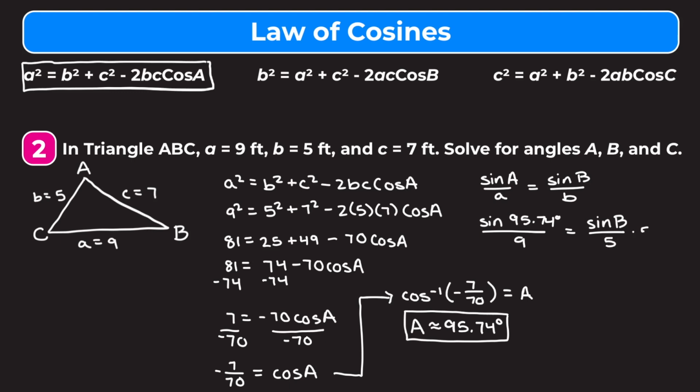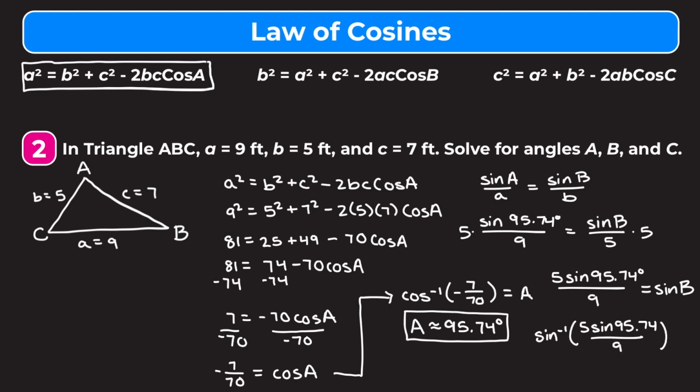We're going to multiply both sides of our equation by 5. On the left, we're going to have 5 times the sine of 95.74 over 9 is equal to the sine of angle B. And then to solve for B, we have to sine inverse both sides. So on the left, we're going to have the sine inverse of this entire expression, 5 sine of 95.74 over 9.